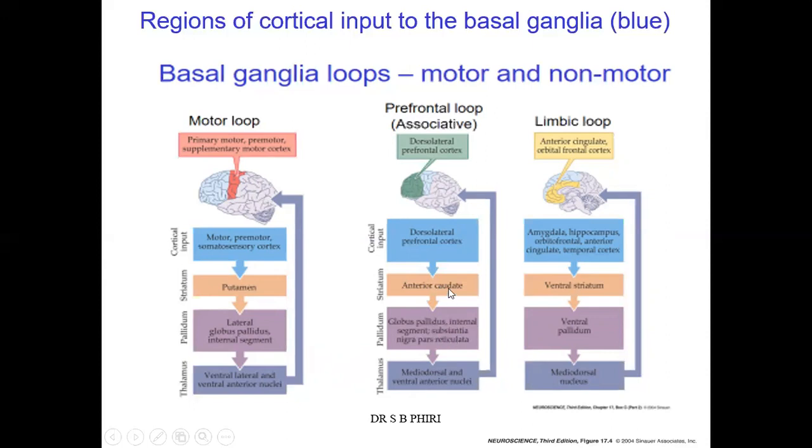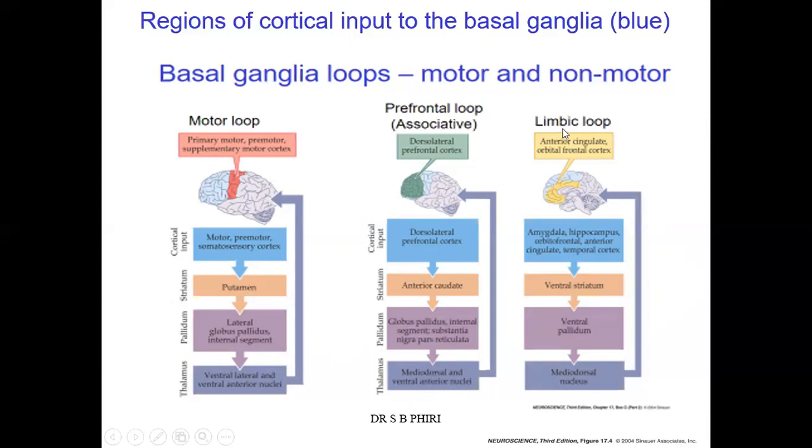So you can see that the caudate nucleus is sending input to the substantia nigra pars reticulata. From here, these components are projecting to the thalamus via the medial dorsal and the ventral anterior nuclei of the thalamus. From here, the information will project back to the cortex.